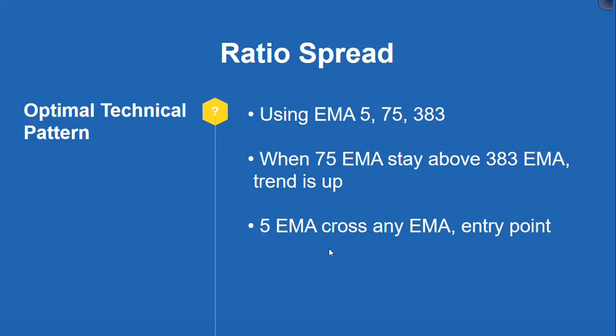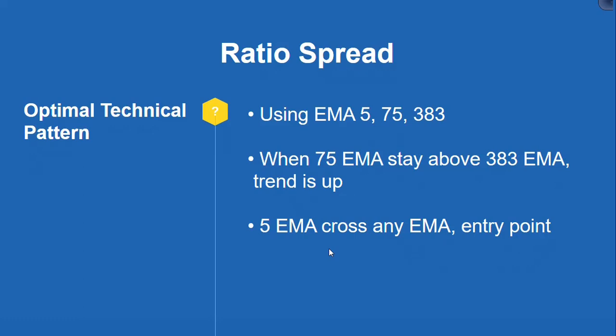What optimal technical pattern do we use in a ratio spread? In that case, I use three EMAs: a 5 exponential moving average, a 75 exponential moving average, and a 383 exponential moving average.